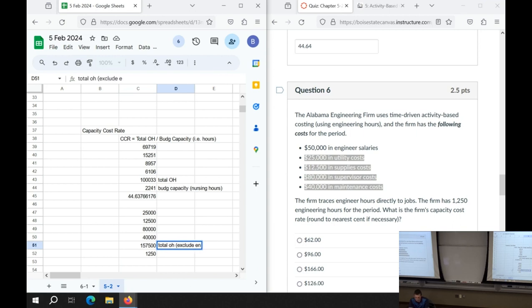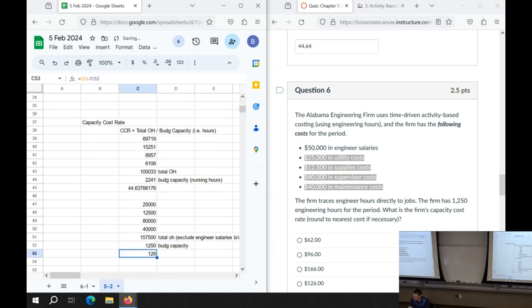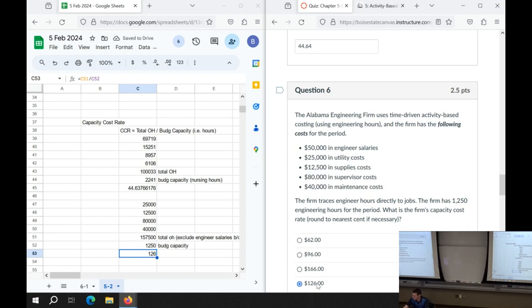Exclude engineer salaries because it's direct. Okay. And this is our budgeted capacity. So we divide them. We get $126 there. Does that look good? All right. Other follow-ups on that?